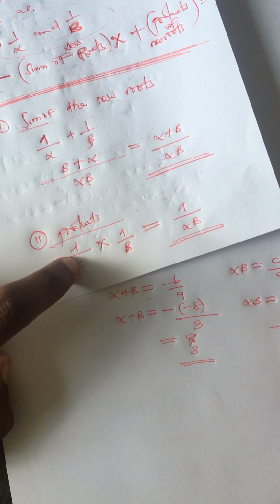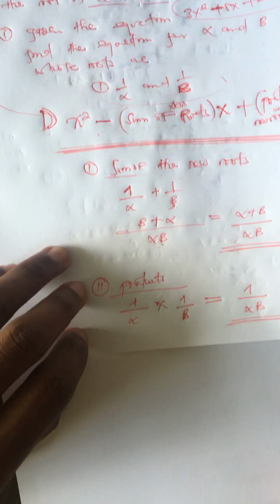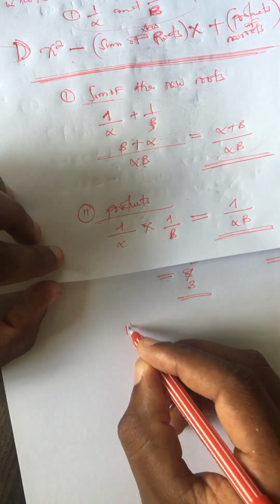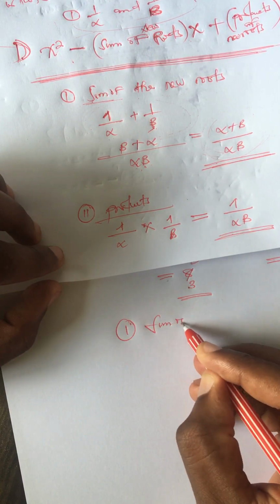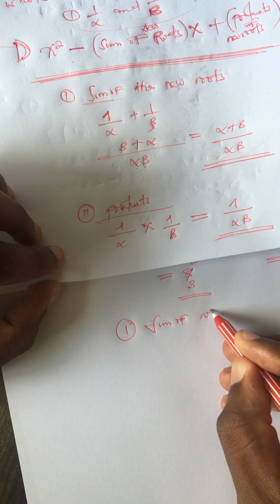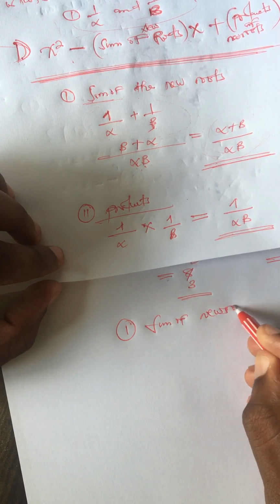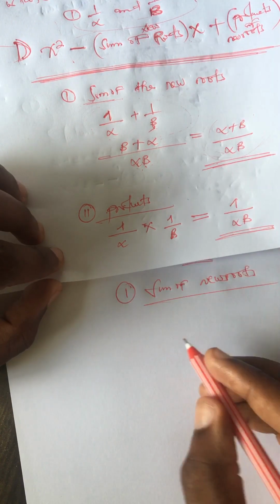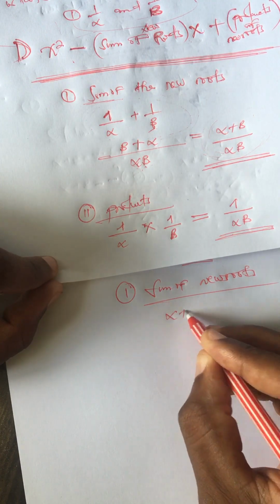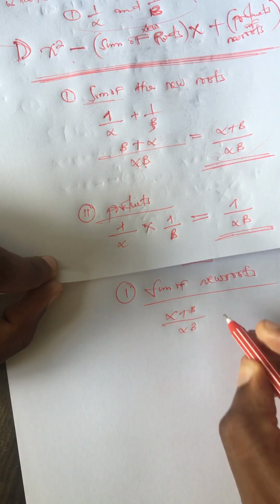Now we can replace them. Our sum of the new roots gave us alpha plus beta over alpha beta.